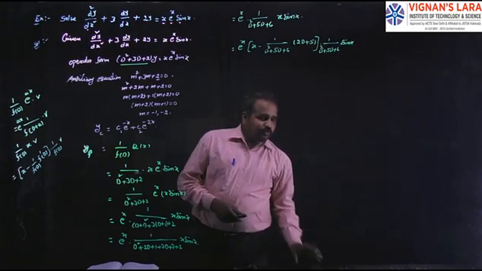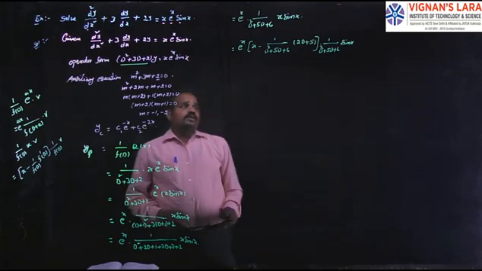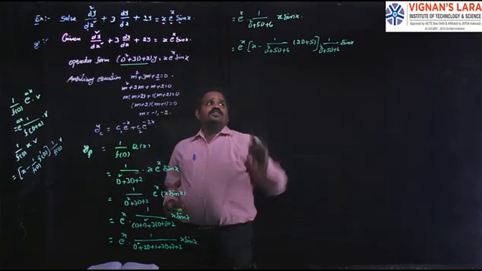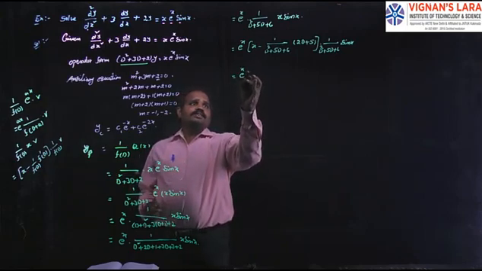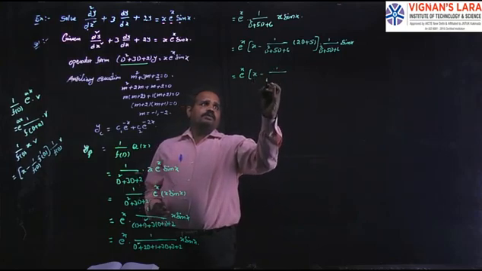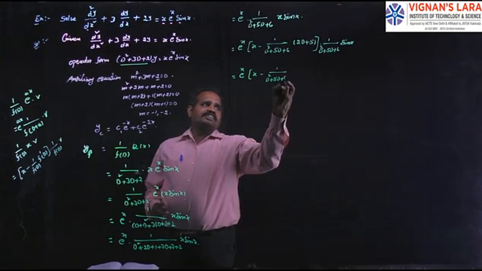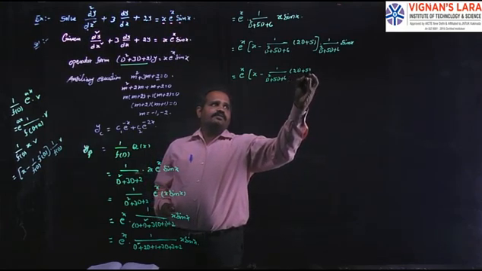Now we are simplifying that problem. Which is equal to e power x into x minus 1 by d square plus 5d plus 6 into 2d plus 5.